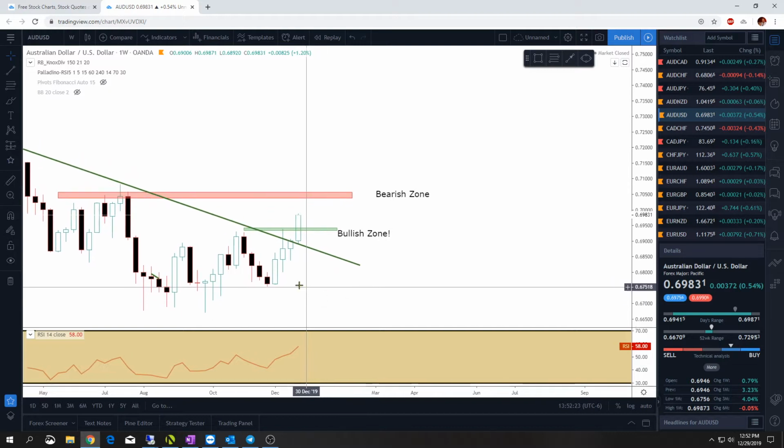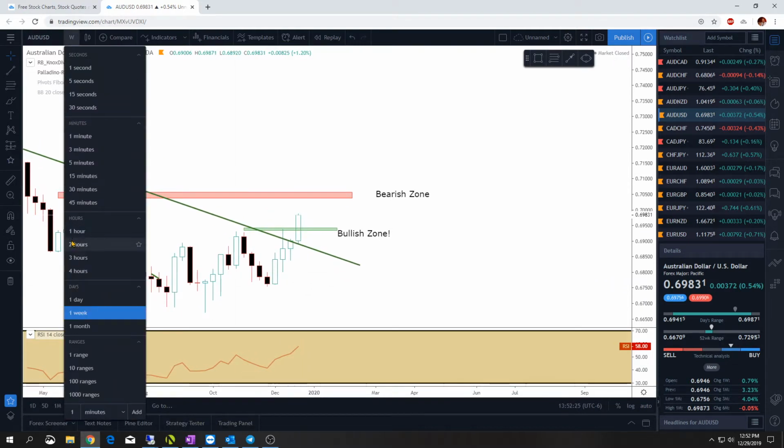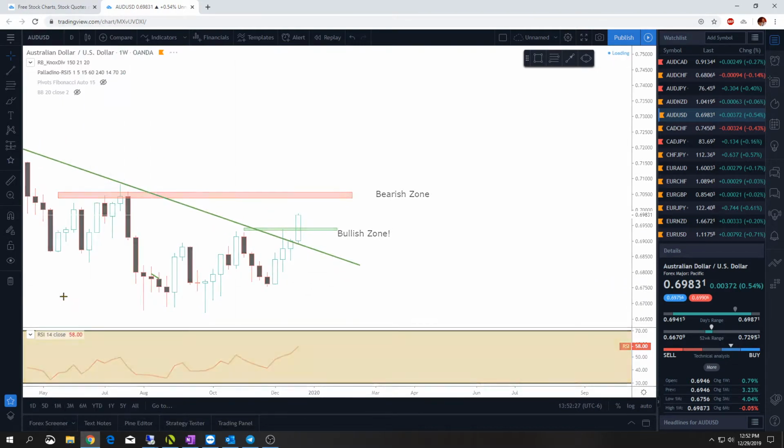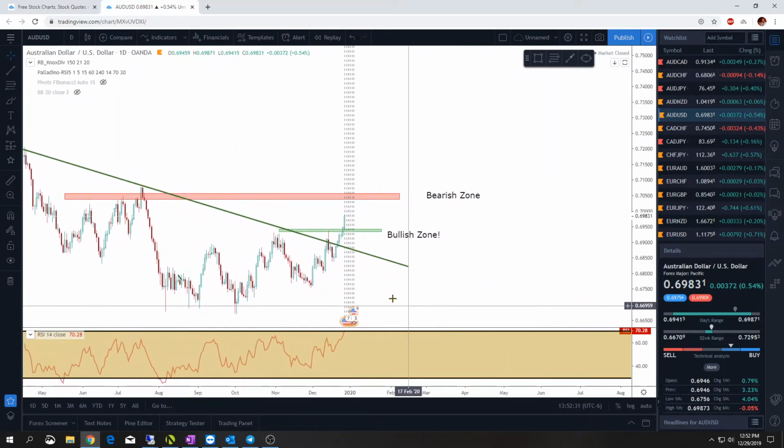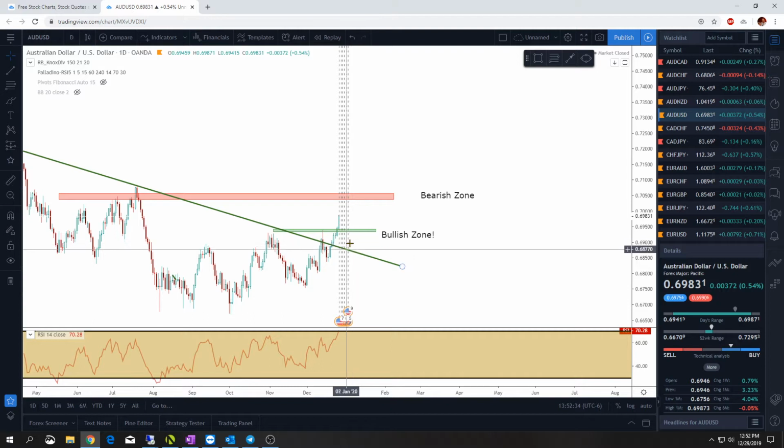And of course this is the weekly time frame, so that is a big deal. So what we're going to want to look for is a pullback, a retest of this, and, you know, off to the run we go.